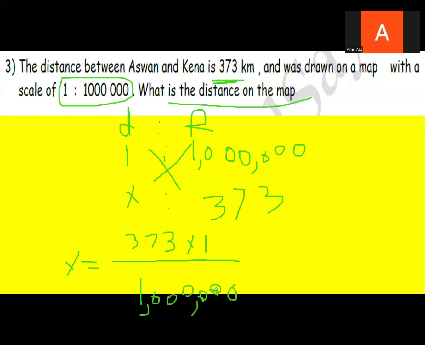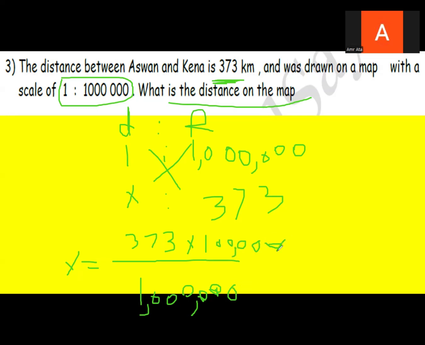Remained, don't forget the step of convert inside the problem. Okay, I will convert it. It's kilometers. I need to put 5 zeros. Up or down? The zeros are down, so I will put 5 zeros up. 1, 2, 3, 4, 5. Okay.